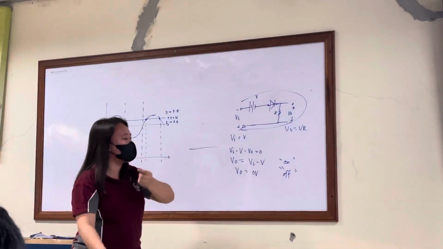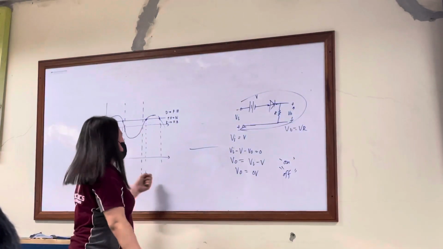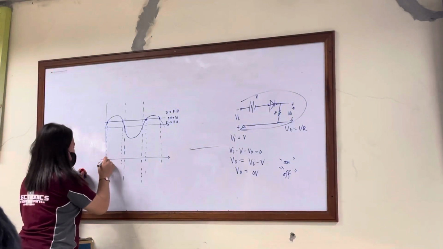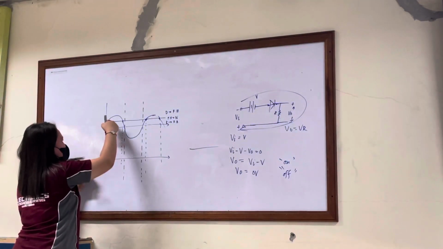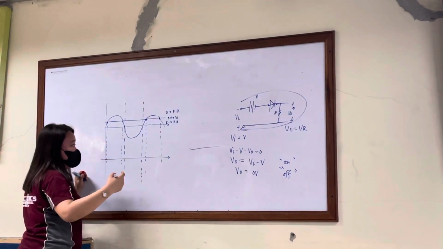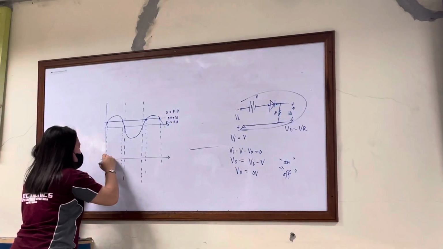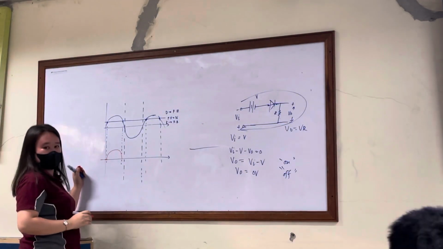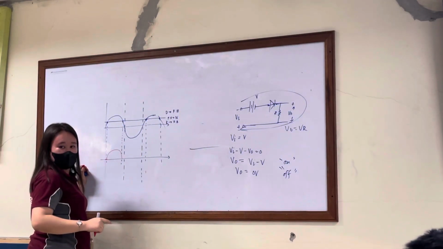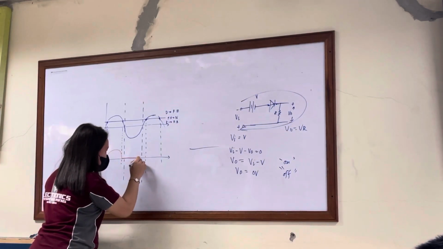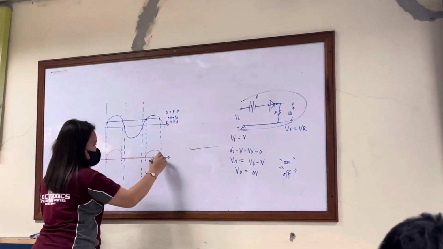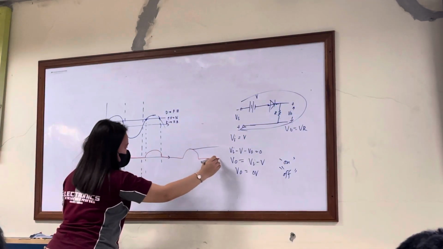In reverse bias condition, the output is zero. Okay. From this point up to this point, it is forward.